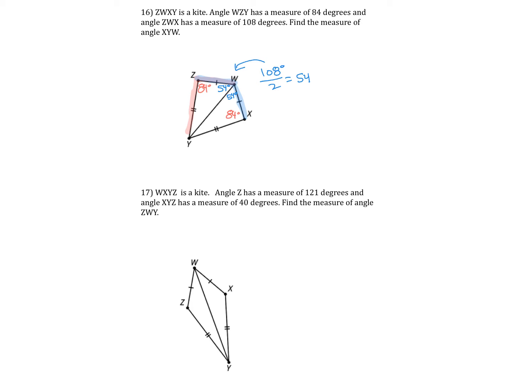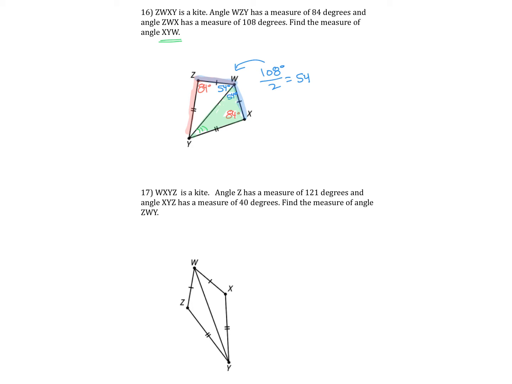So this problem asks me to find the measure of XYW. Let's go find that, XYW. So if I just think about just this half being a triangle, this guy right here, then my three angles have to add up to 180 degrees.